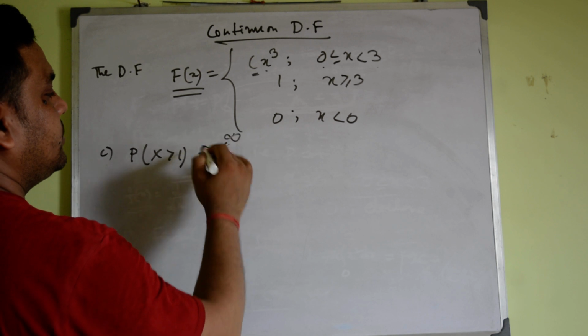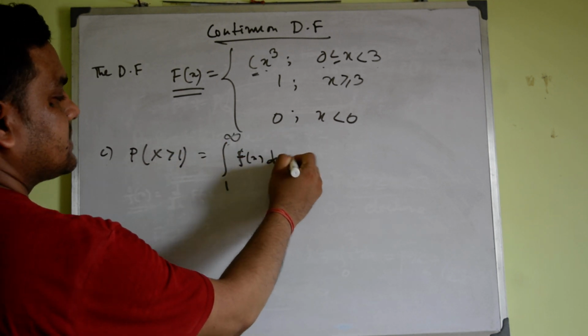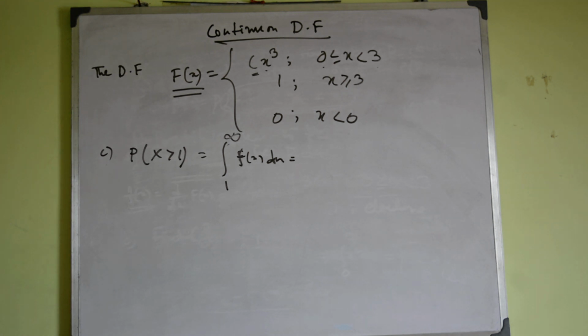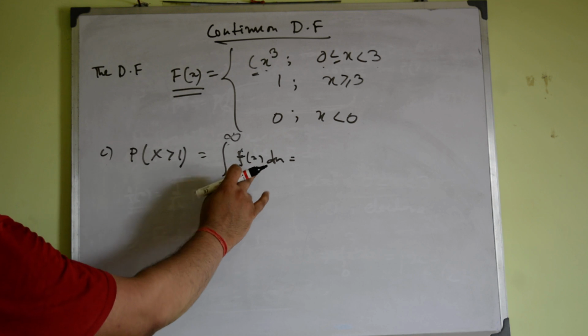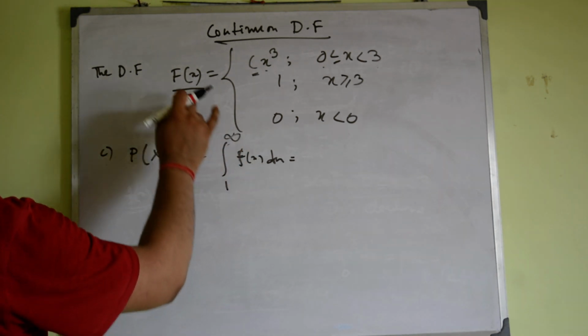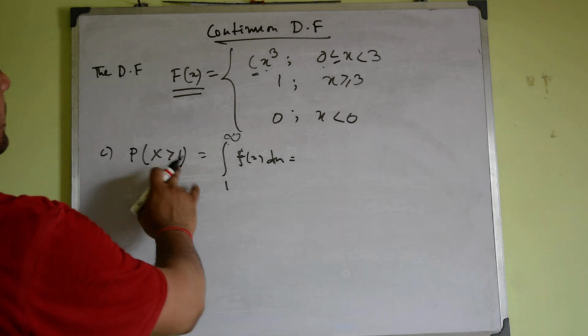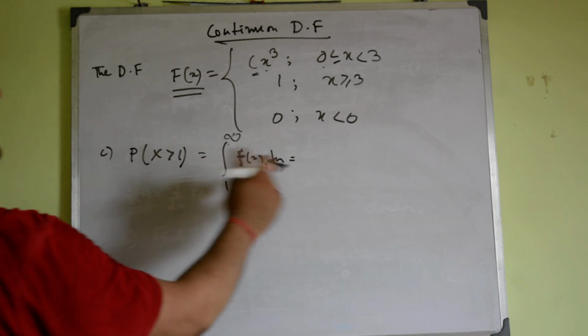First I write the integral from 1 to infinity of small f(x) dx. That means you apply the probability density function, not the distribution function here. You must not be confused. The given function is a distribution function; we already converted the distribution function to the density function. Then we apply this. So P of x greater than 1 means the integral from 1 to infinity of f(x) dx.